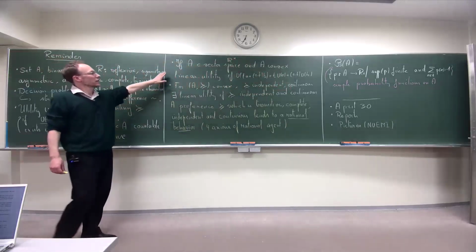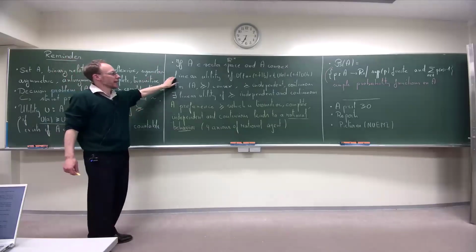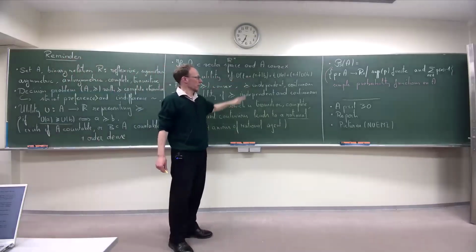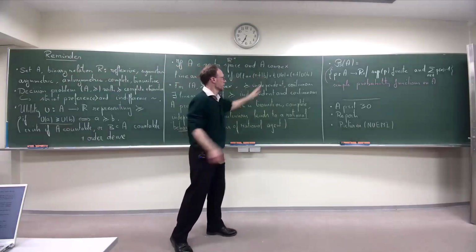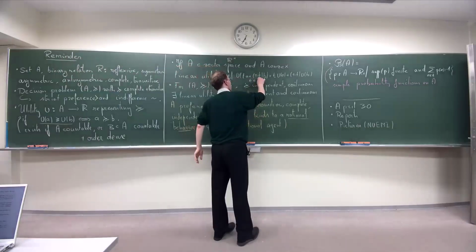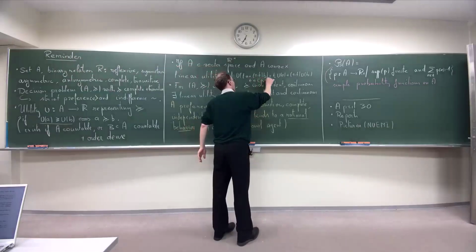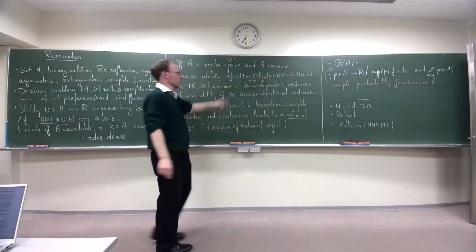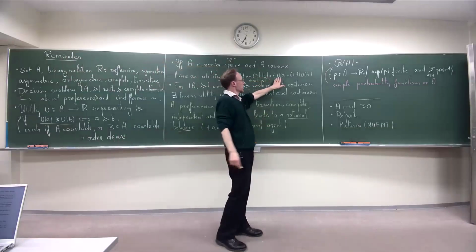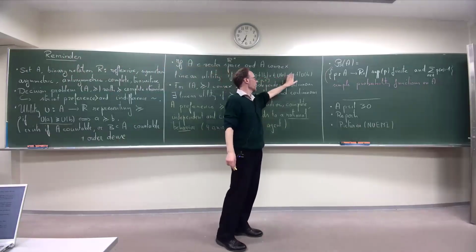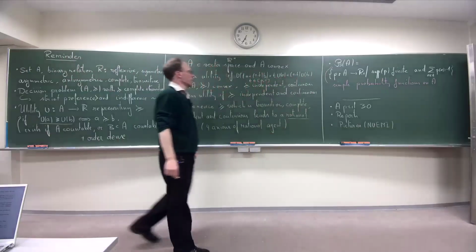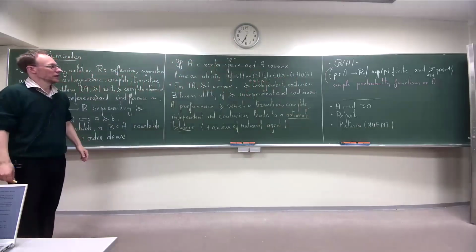We say that a utility is linear if it satisfies this relation, which is very convenient. U of a linear combination, with t between 0 and 1, is equal to this linear combination of U of A and U of B. So it's called a linear utility.